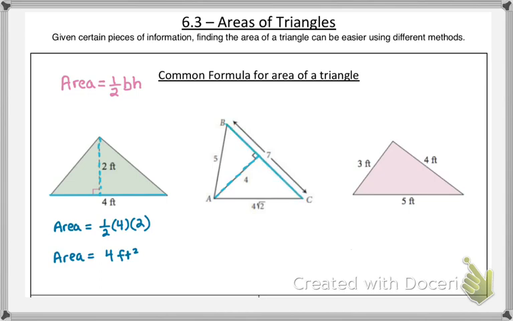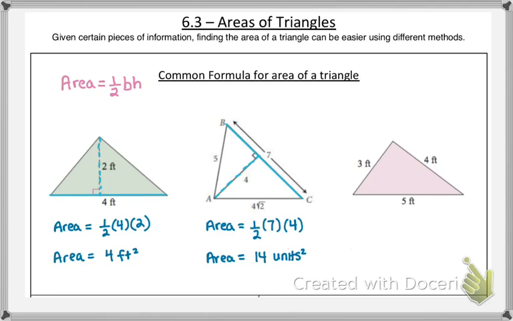So I can rotate the triangle and turn it so that 7 is the base, and then the height is perpendicular to it, and that's 4. So using the same formula, the area is 1/2, base is 7, times the height, which is 4, and we have 1/2 of 4 is 2, times 7 is 14 units squared. Units are not given here, so I'm just going to put units.